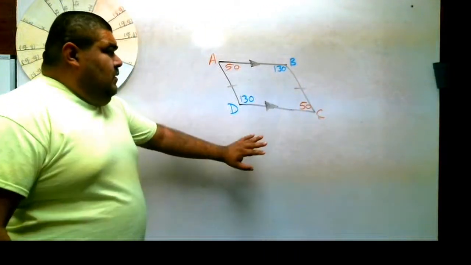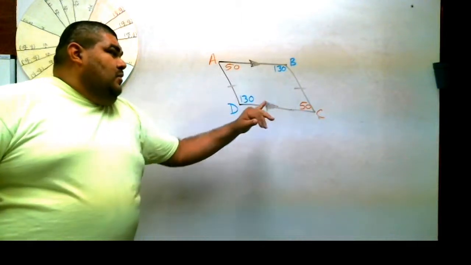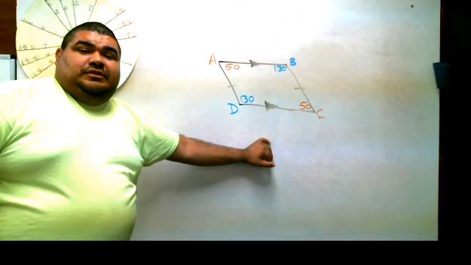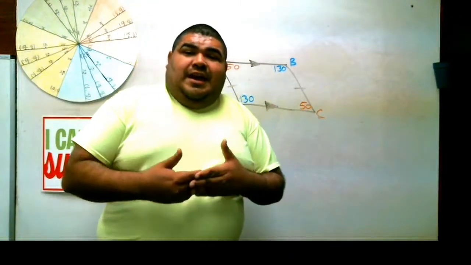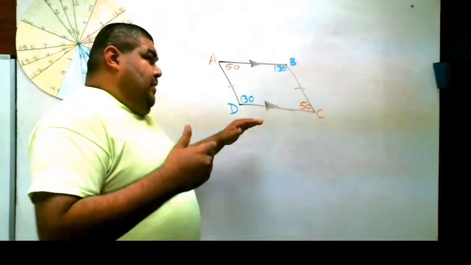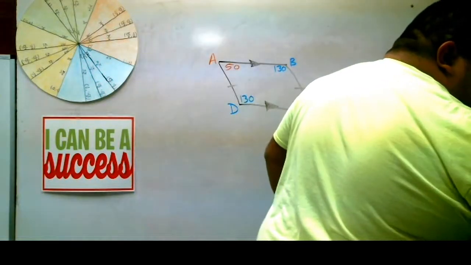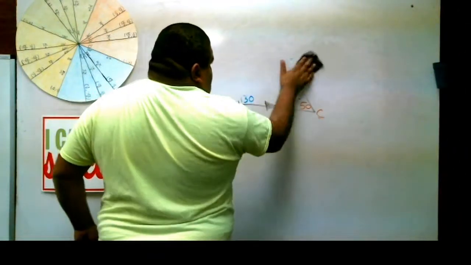Now that we know that the opposite sides are the same, we know that the opposite angles are also the same. We can know that if this parallelogram gets cut, okay, so let's draw another one here.